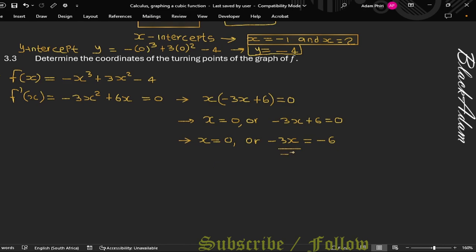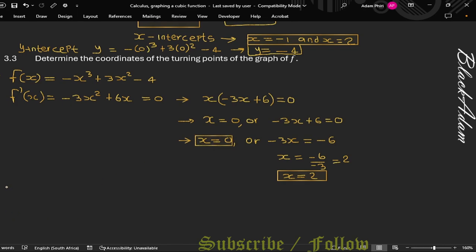Dividing both sides by negative 3, that cancels out, so we have x equals negative 6 over negative 3, giving us positive 2. So x is going to be positive 2, and we have x equals 0.